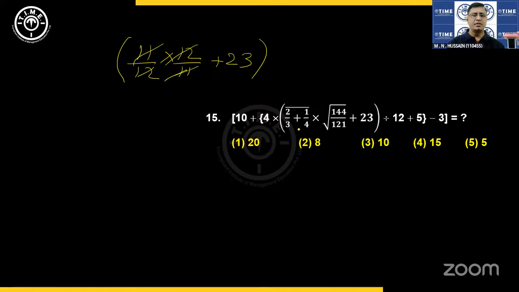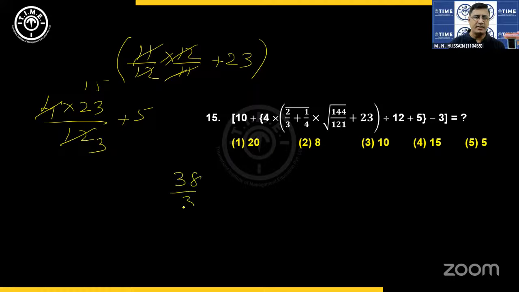Okay. Then what next here? 4 into 23 by 12 plus 5. Am I right? Now the cancellation. 4, it goes how many times? 3 times. 3 into 5, 15. 15 plus 23, that is 38. 38 by 3.